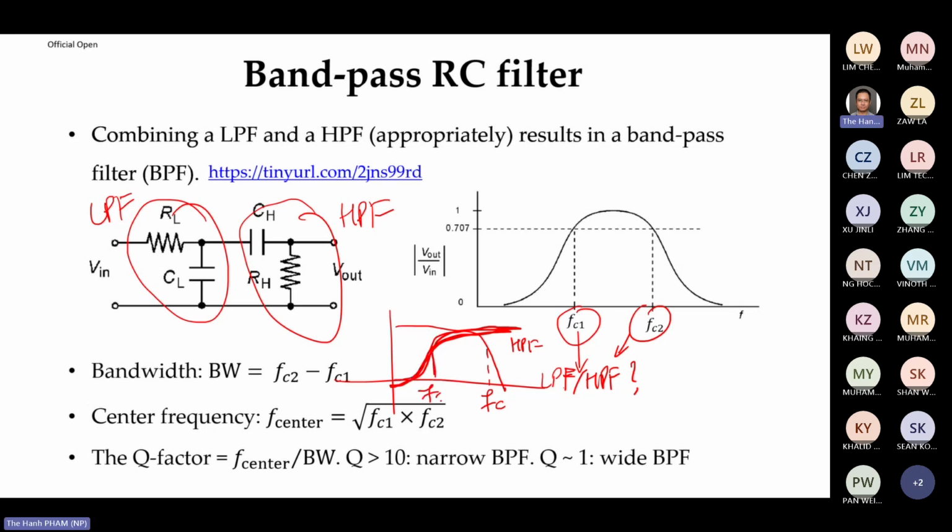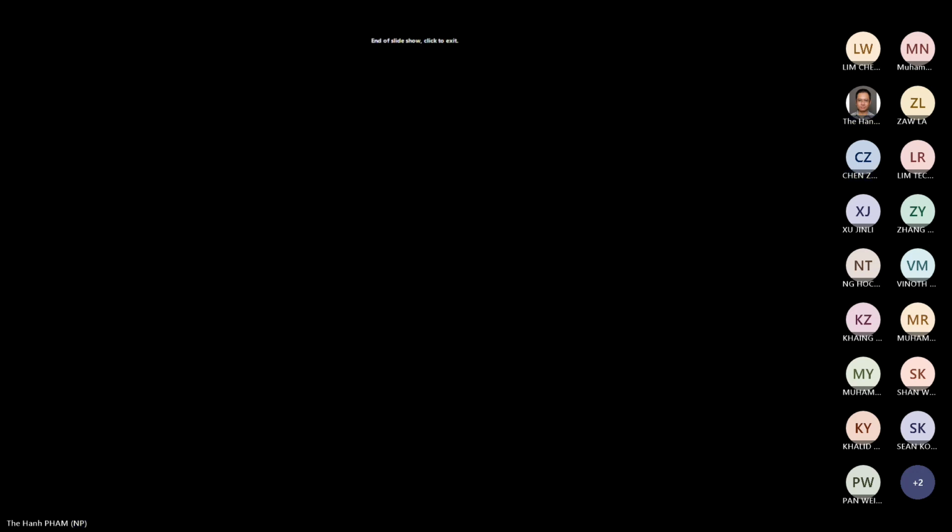So this FC must come from the high pass. So FC1 must come from high pass, and FC2 must come from the low pass filter. So that is some example. Okay.